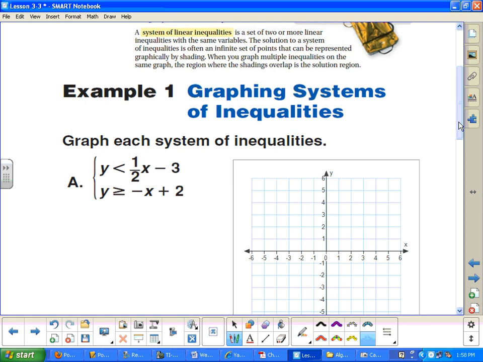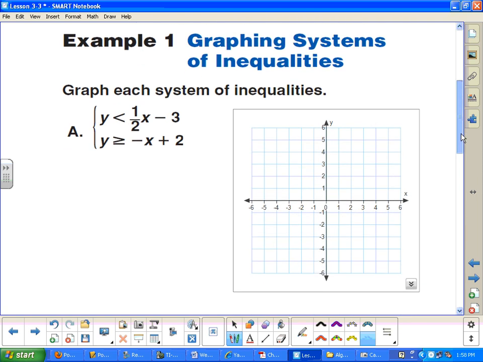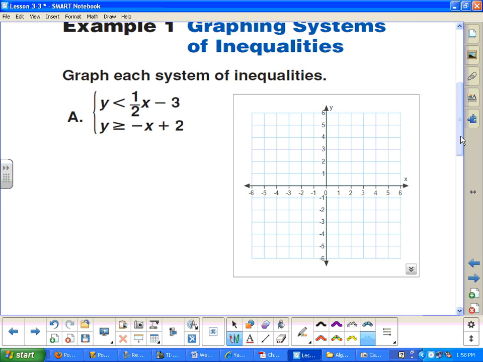So there might be 3 or 4. And sometimes you end up with a shape that you're going to have to identify when you have more than 2. So to do this then, we're going to just graph the lines and then do the shading. And our answer then, because we've done the shading before, is going to be where the 2 different shadings go together.